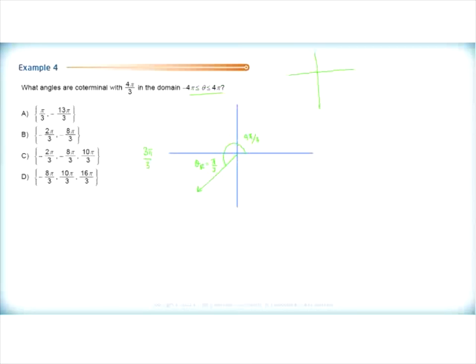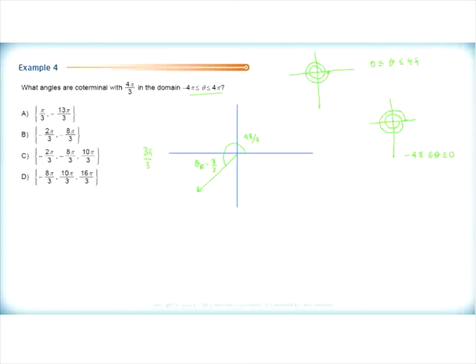So I go around twice in that direction. That's between 0 and 4 pi. And I also need to go around twice in the negative direction. This is between negative 4 pi and 0. That will give me my answers between negative 4 pi and positive 4 pi.